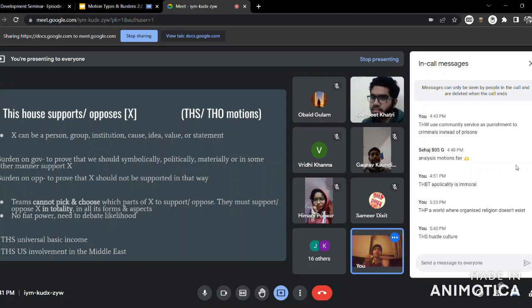By defending something in totality, I don't mean that you start saying that mental stress is also something that we think is good.